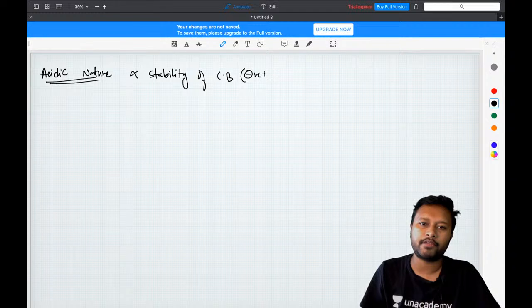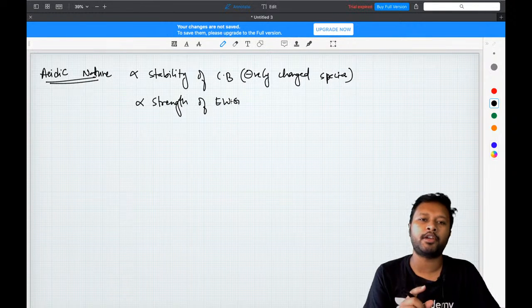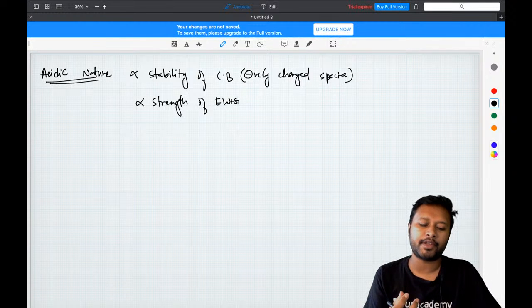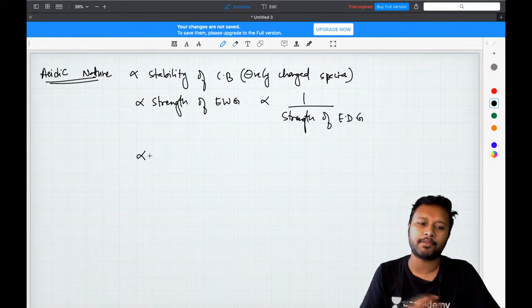It is also proportional to the strength of the electron withdrawing group. If you have an electron withdrawing group, it will stabilize the negatively charged ion, so the presence of an electron withdrawing group increases the acidic nature. It is inversely proportional to the strength of the electron donating group.